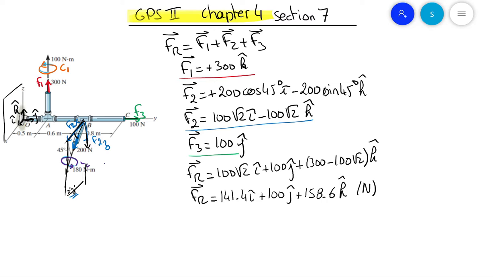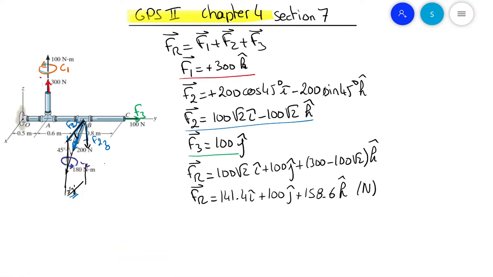And now we want to replace the system by only one force and one couple, as if we write these forces at A. Let me clean this a little bit. I will draw it in red.